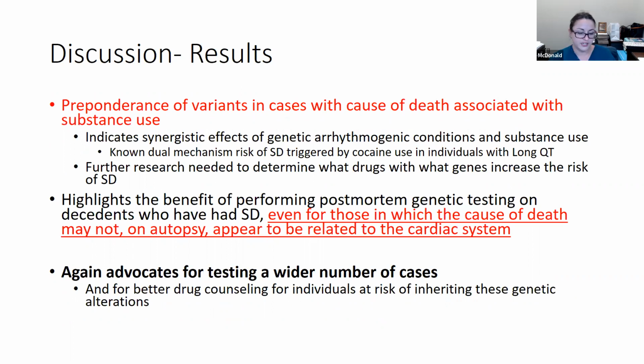It indicates there's a need for more investigation in this area. It's possible that certain genetic variants interact with certain drugs in more devastating ways. And it is important to investigate that so that we can better target counseling towards those individuals.